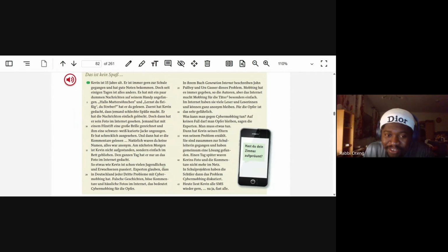Then dative we need en for plural en. Der Erwachsen. Und plural is der Erwachsenen. Okay. For dative plural. It's the adults and young, like adolescents. Okay. Yeah. Und Experten glauben, dass in Deutschland jeder dritte Problem mit Cybermobbing hat.